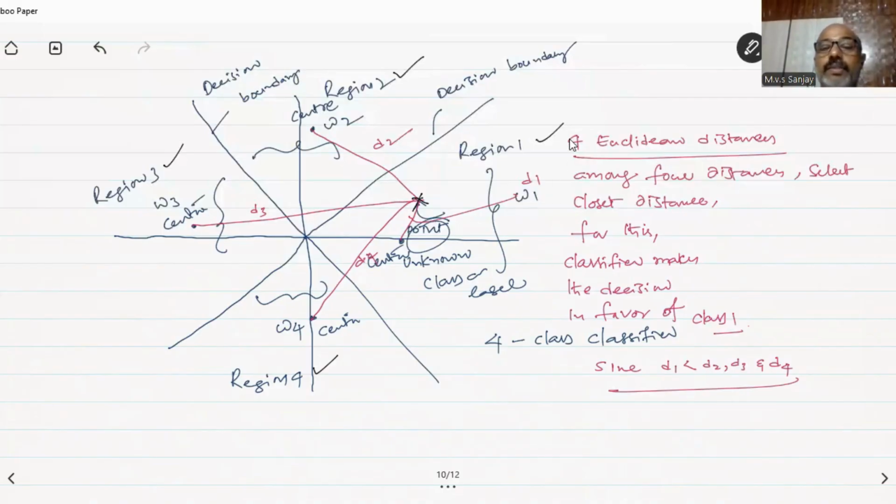Like this, we calculate 4 Euclidean distances. Among the 4 distances, select the closest distance. From this, the classifier makes the decision in favor of class 1 for this example. So it is a 4-class classifier. The same concept can be extended to 8 classes, 16 classes, and beyond. But for all these, the distance calculation is the main criterion.